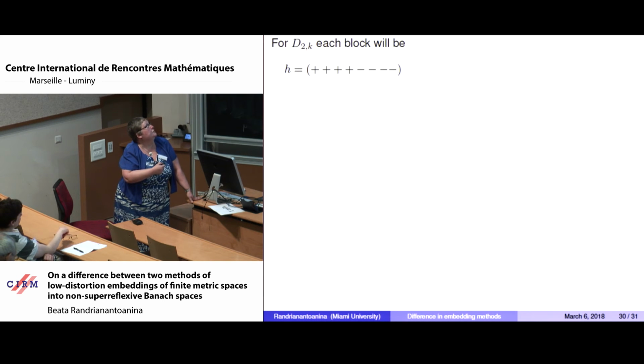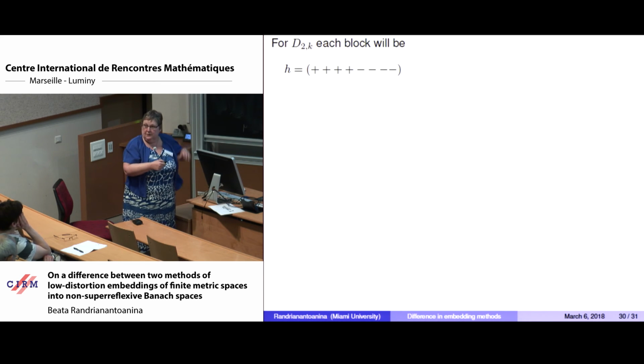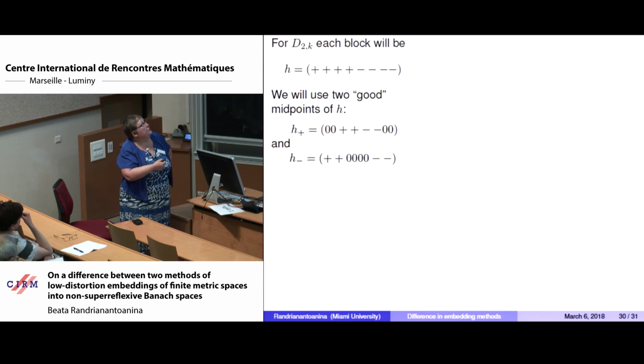If I want to embed 2k, right? This is a talk. I am not going to go into full generality here. So I just doubled the size of the block. And as I want nk, I will further increase the size of the block. Now when I have such a block, first, what are the good midpoints of this block? Well, this is the exact repetition of what we did in a smaller block, except I doubled the number of entries. So those are still midpoints.